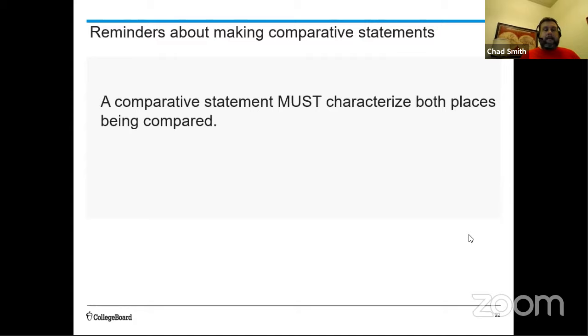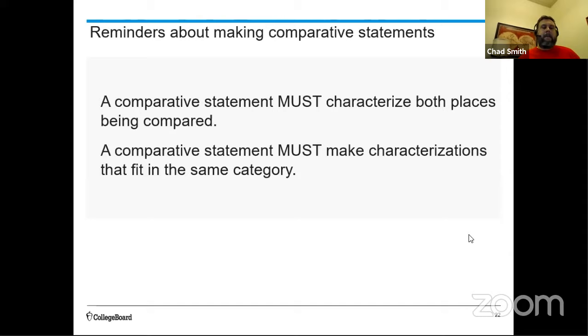Or I could say Beyonce is a girl and BTS is a group. That follows the rule of bringing up both sides, but it breaks the next rule, which is that a comparative statement must make characterizations that fit in the same category.